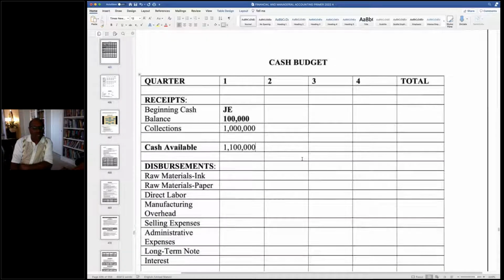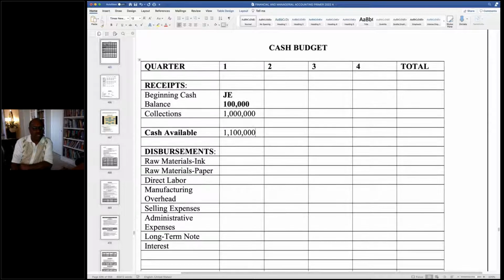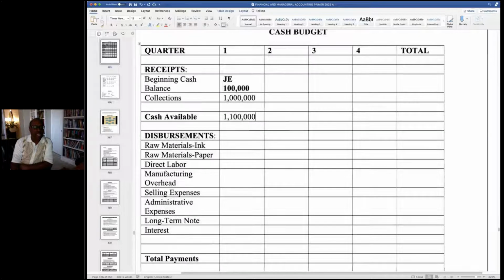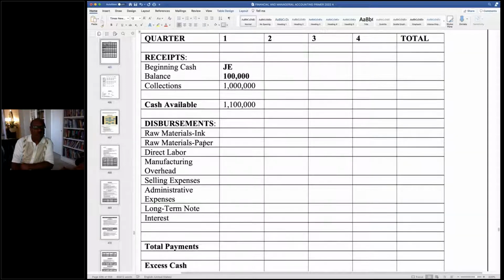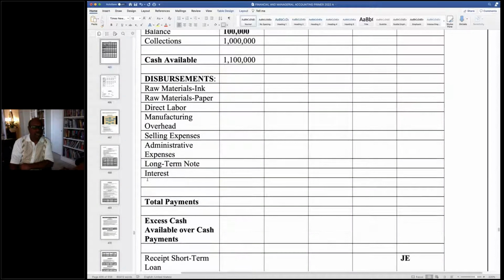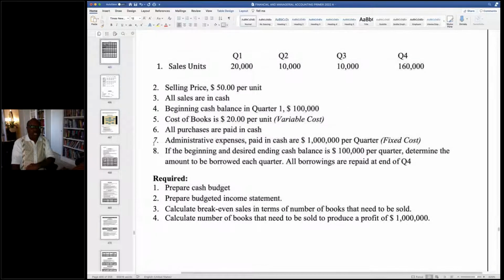Okay, so we got two expenses that we got to pay for. One is going to be the book itself. Here we have raw materials, ink, paper, labor, all of that. But since we aren't manufacturing the book, we're just selling it, I'll move the cost of the book here. So we already have the books, and we got to pay $20 per book.